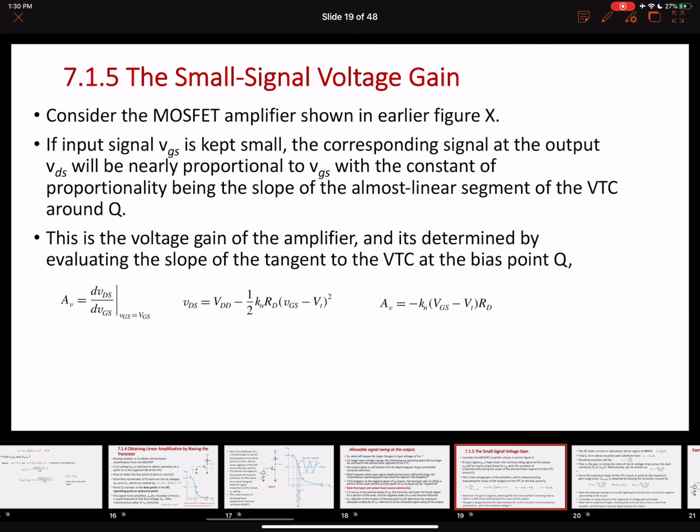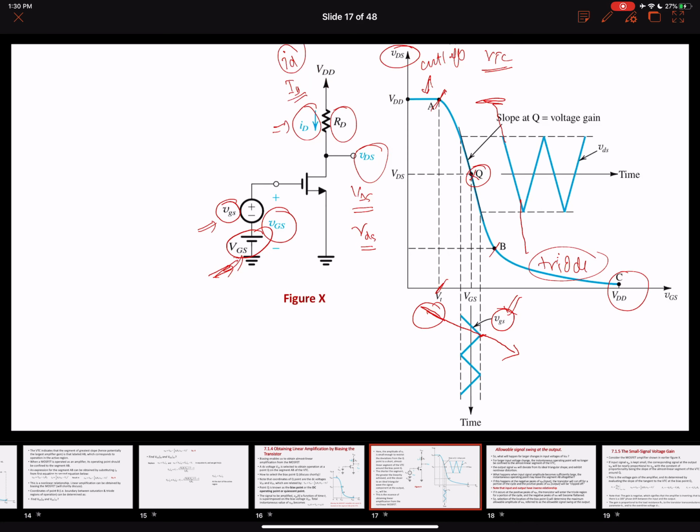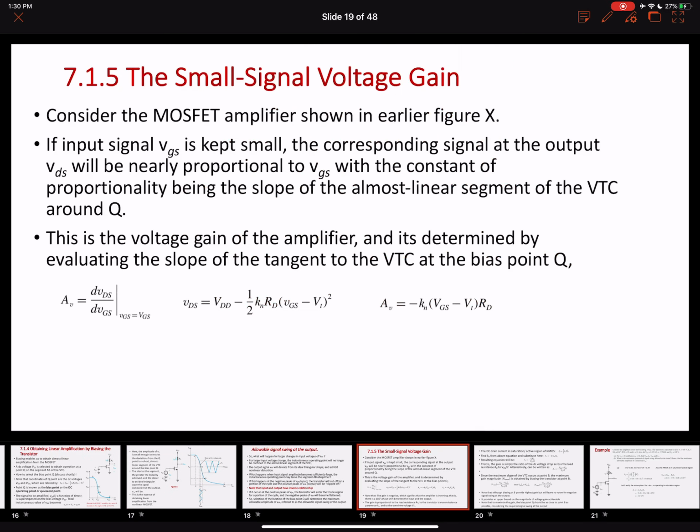In the last lecture, we also determined the small-signal voltage gain. We are going to delve deeper into that topic today. But very quickly, from this voltage transfer characteristics, you can see that this is the output VDS and this is the input. So delta VDS over delta VGS gives you a slope, and that slope is equal to the voltage gain.